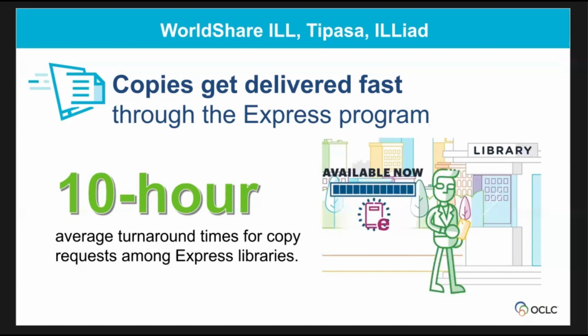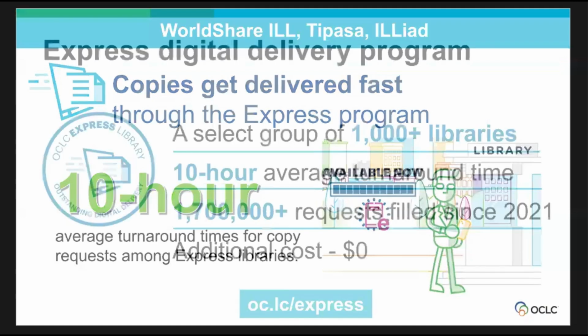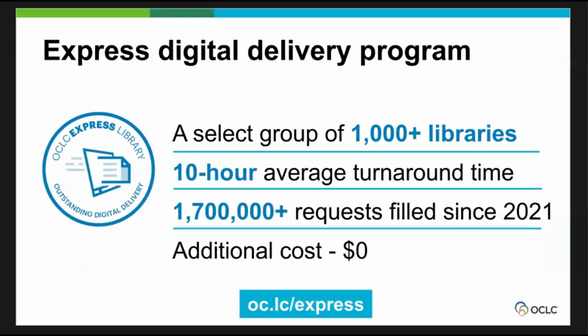But among that group, when you look at the requests that Express libraries are providing to other Express libraries, the average is actually 10 hours, so it's really quick. Does it count those weekend times? It does count those times. You don't need to go non-supplier on the weekend.